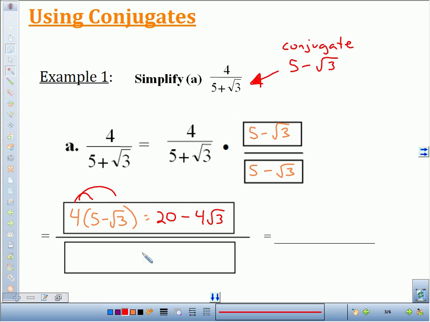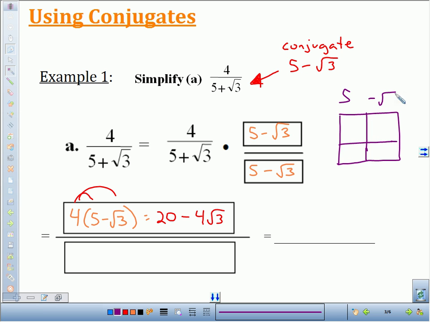Now on the bottom, when I multiply 5 plus the square root of 3 times 5 minus the square root of 3, something kind of interesting happens. What will end up happening is we'd have a sort of box set up. Remember, we used the boxes to multiply binomials, and it would work the same way here.